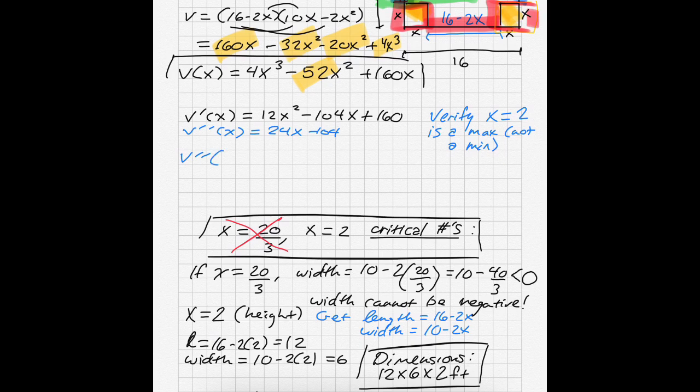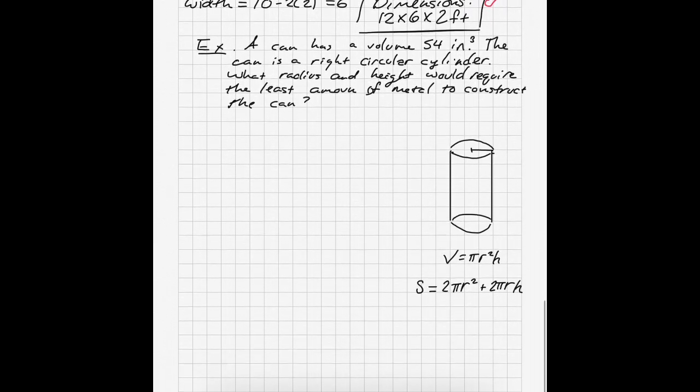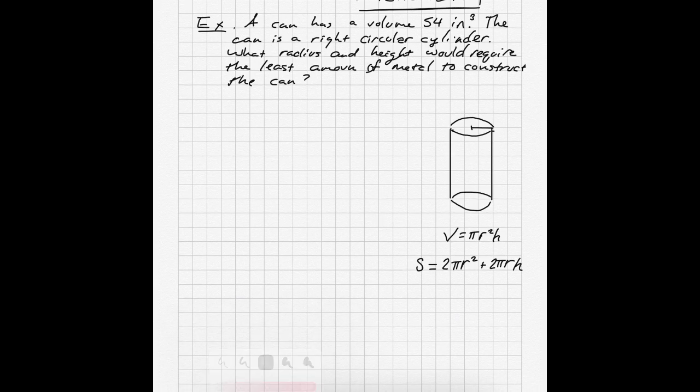If I plug 2 into my second derivative, I get 48 minus 104, which is less than 0. So the graph is concave down at x equals 2. So again, I verified, indeed, I have a max. So this all looks good. And just one more.